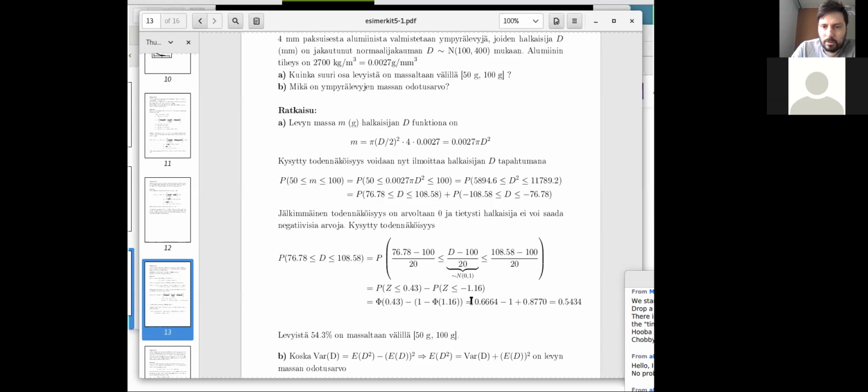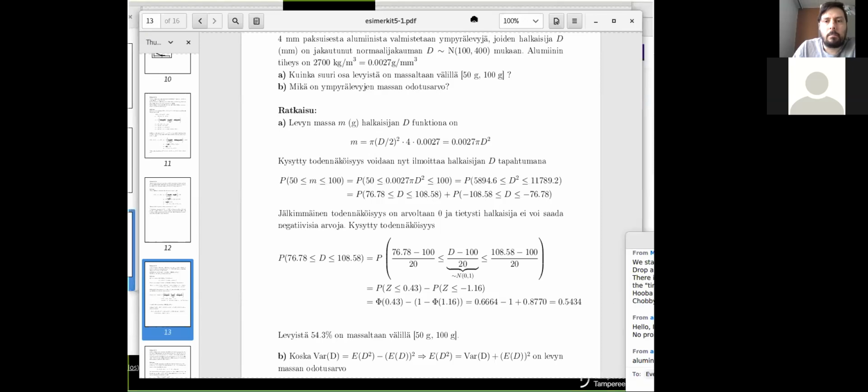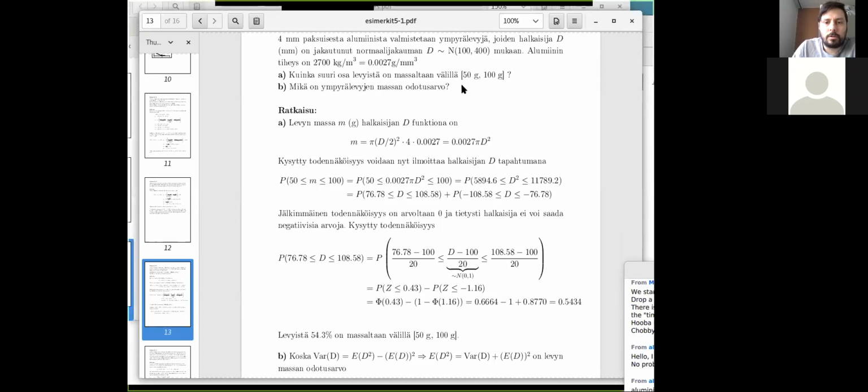We can consult the tables or software to get this result, and we get 0.5434. So that's slightly over 1/2 probability of getting this range of mass. The B question was, what is the expected mass of those disks?